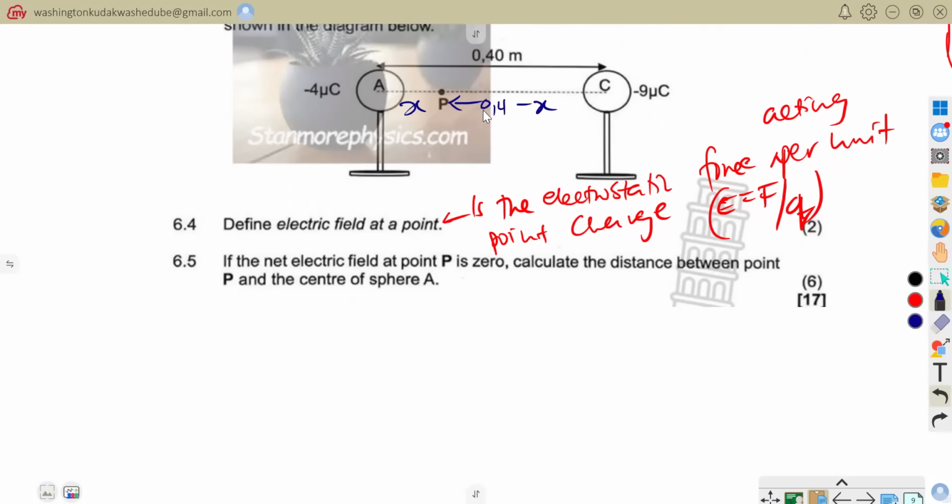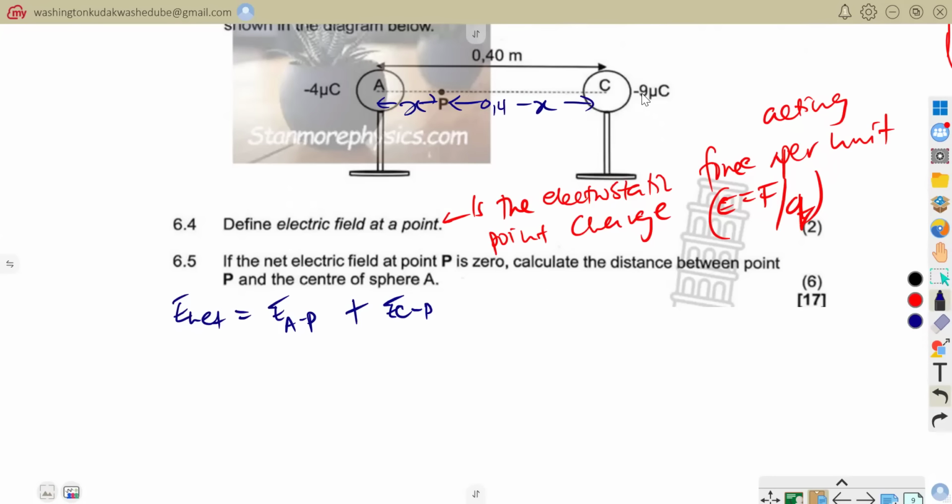This distance to P there, this distance there. So the distance that we are looking for is what? It's x. Now, we know that the net electric field would be equal to electric field on P due to A plus electric field on P due to C.